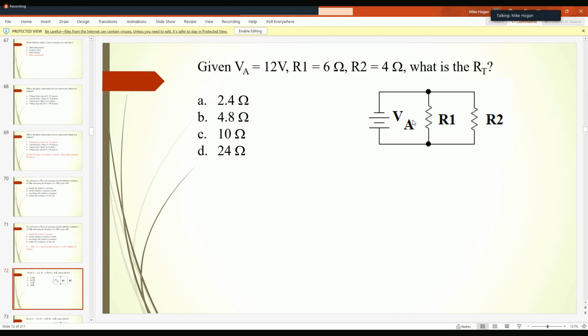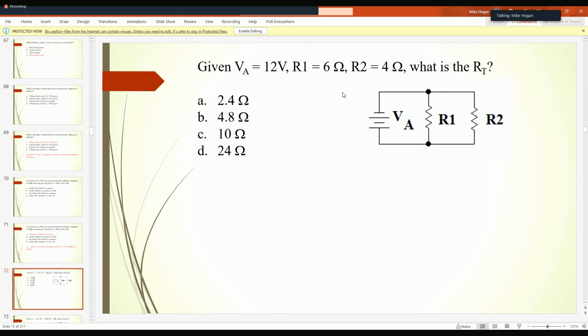Now the formula, how I would do that, remember I've got a couple shortcuts. I can use the reciprocal of the sum of reciprocals, but since I've got 2 resistors and they're not equal, I can use the product over the sum, right? So let's multiply those 2 together, the product. 6 times 4 is 24.